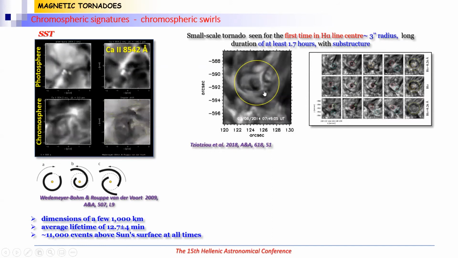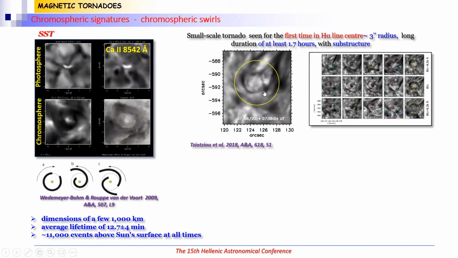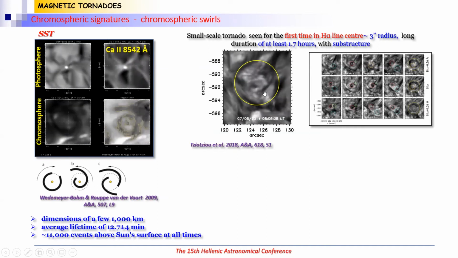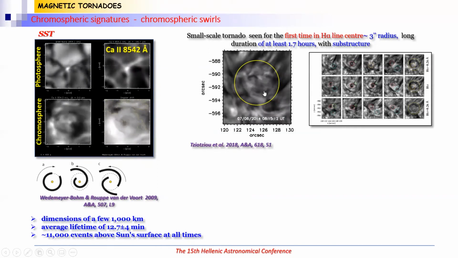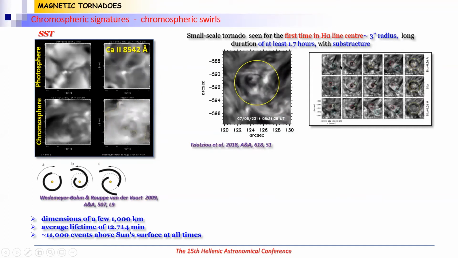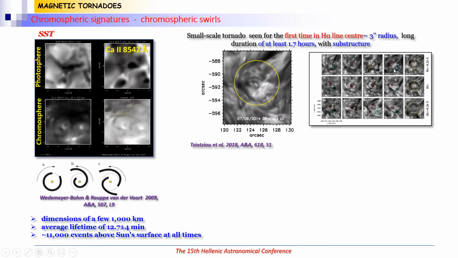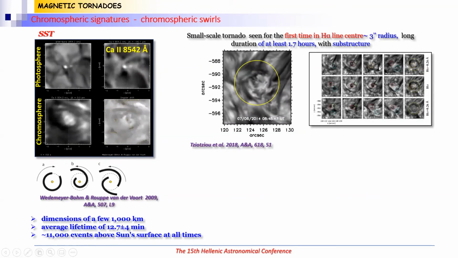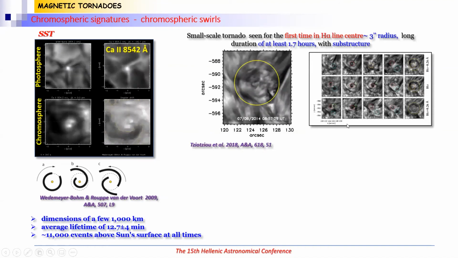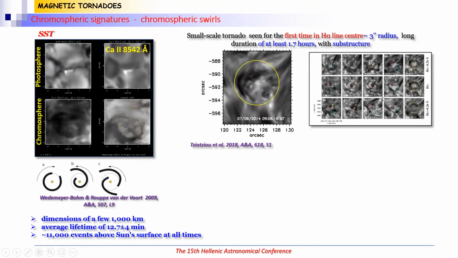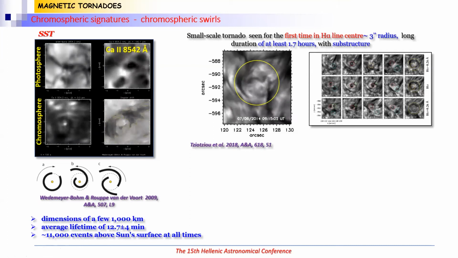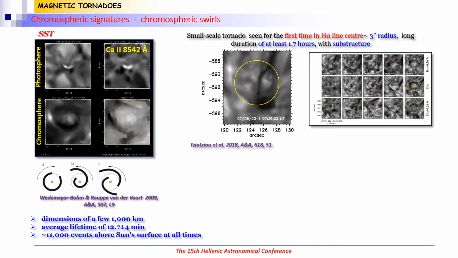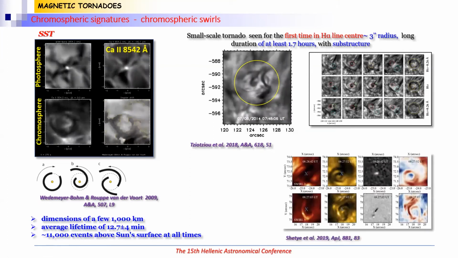It has a very long duration, which is at least 1.7 hours. That's actually the whole range of our observations. And it shows also a significant substructure, which is shown here with these colored circles, which is small chromospheric swirls that have exactly the same characteristics as the one reported before.